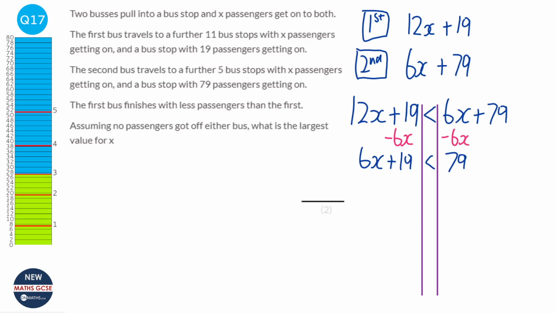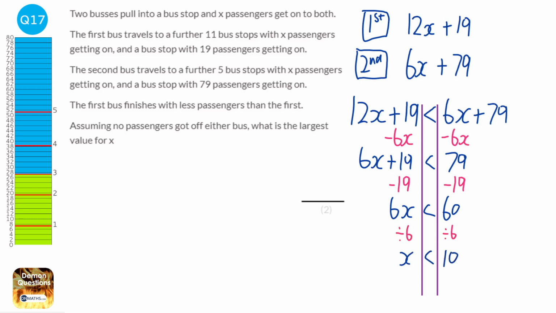And next thing we're going to do is take away the 19 from both sides. It's meant to be 60. Got ahead of myself. And the last thing we do is divide by 6 both sides. And so we've got x is less than 10.